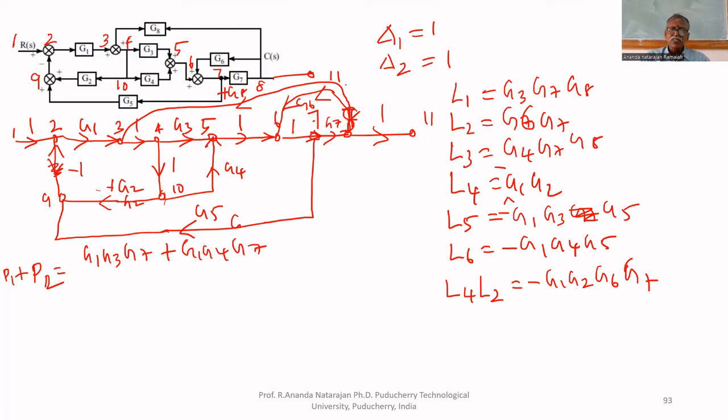So G1, G2 we got, G6, G7 we got, G3, G7, G8, yes, L1 we wrote. G4, G7, G8, G1, G3, G5, and G1, G4, G5 we wrote. 1, 2, 3, 4, 5, 6, 7. Two more we have to get.